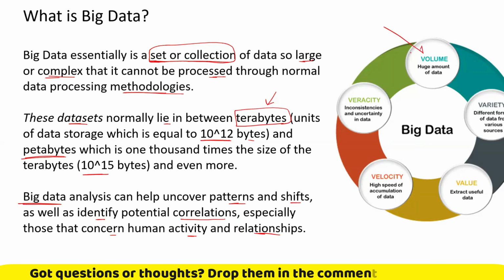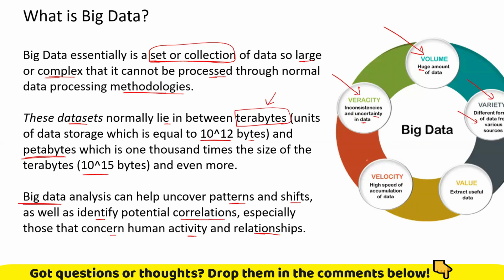First, it talks about a huge amount of data. This is what we refer to as big data. Second, big data does not have a single format. It has different formats of data from various different sources. So multiple sources, huge volume. Veracity means inconsistencies and uncertainty in data.